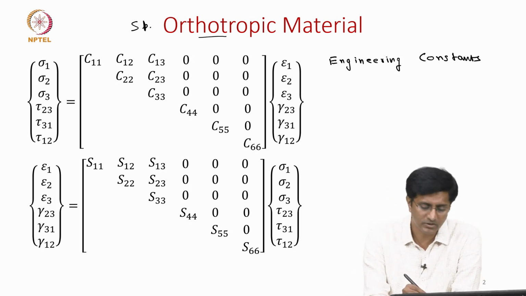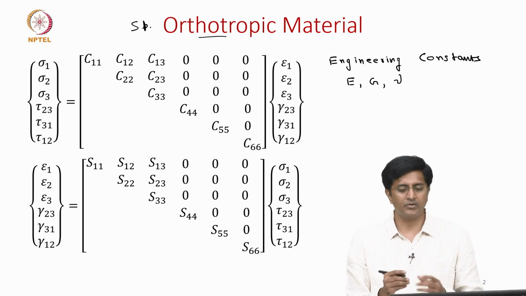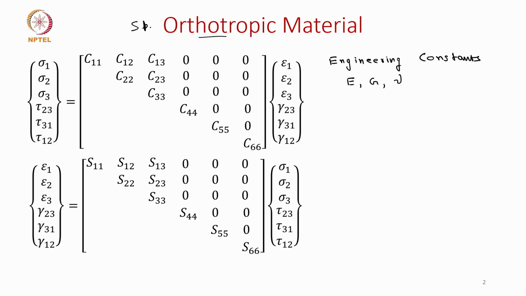We are familiar with engineering constants such as elastic modulus E, shear modulus G or the Poisson ratio nu. But we are more familiar with isotropic materials where we just need to write E, G and nu and it should suffice. But when we are talking about orthotropic materials, we need to add some suffix.